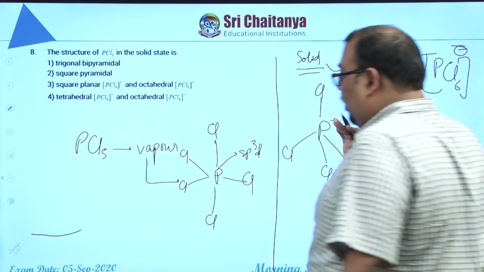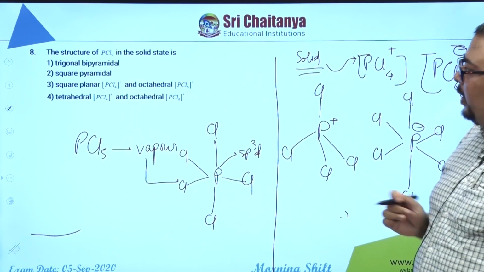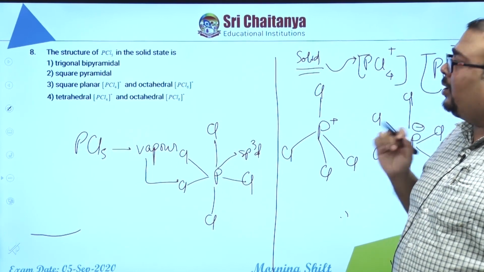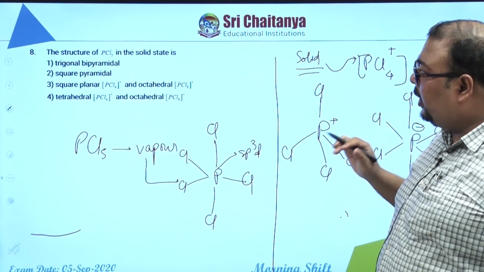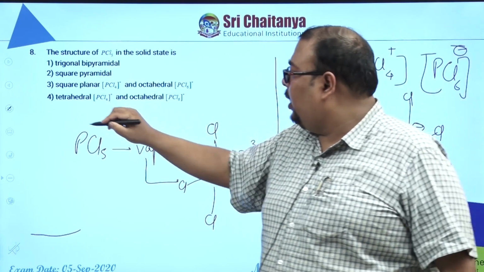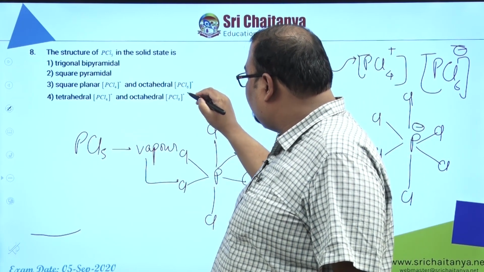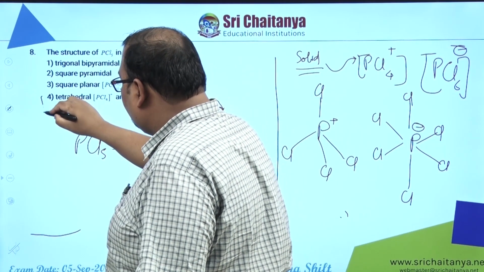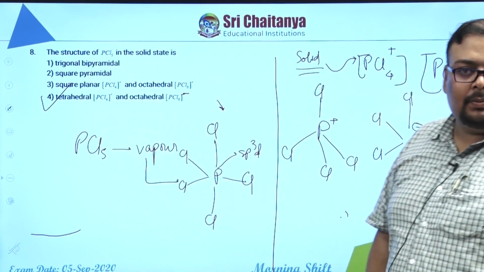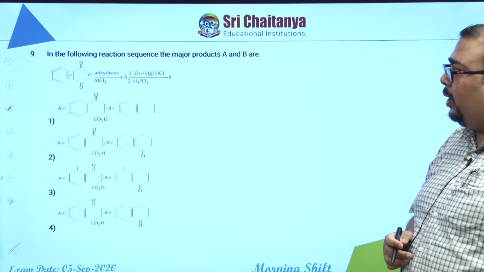Based on these two structures of the ions, we can confidently say that the answer to question number 8 will be option 4, which is tetrahedral and octahedral. The only thing is that it should be PCl6 minus and this is plus. So the answer is option 4. This is question number 8. Next is question number 9.